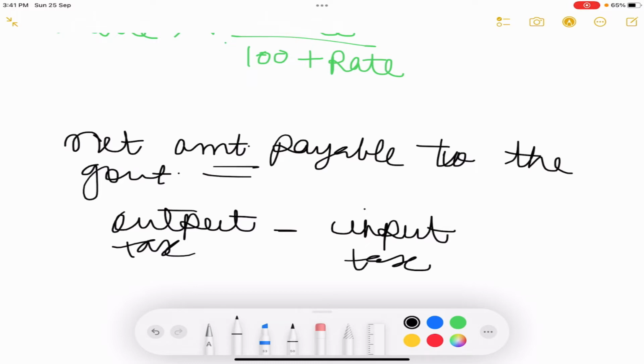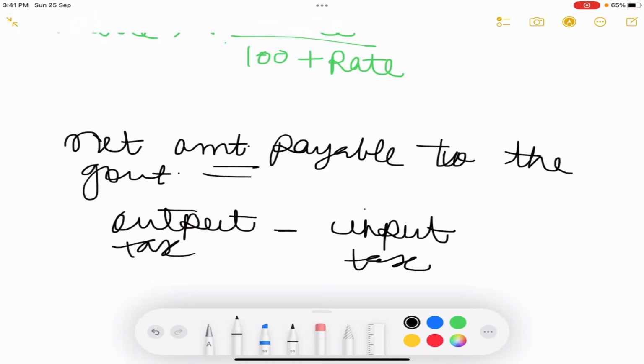So you know what input tax is. Input tax is whatever tax you have paid on the purchases. So when you purchase something, you already paid the tax, which means that amount of your tax is already going to the government because you paid it to an agent, right? When you sell a good, then you are the agent, right? So when you make a sale, people are going to pay you the tax.